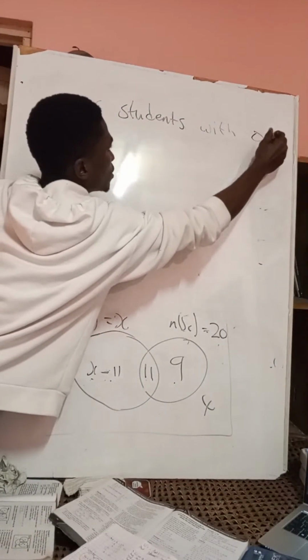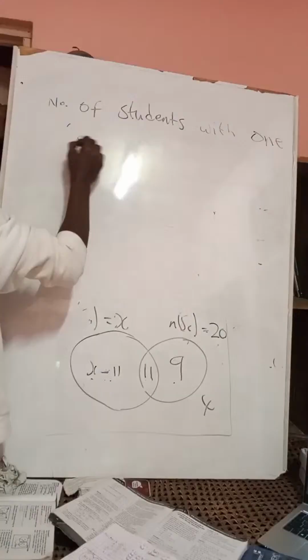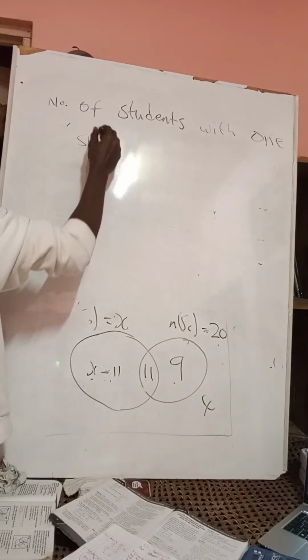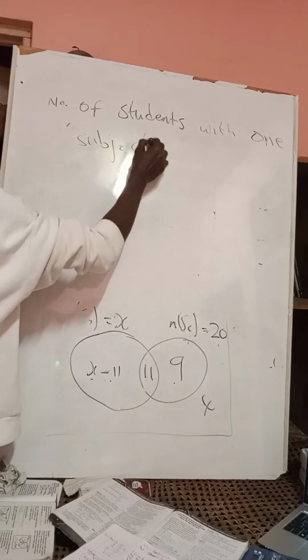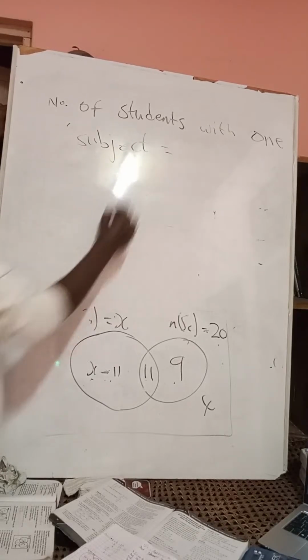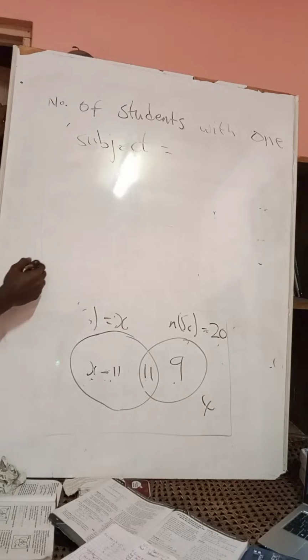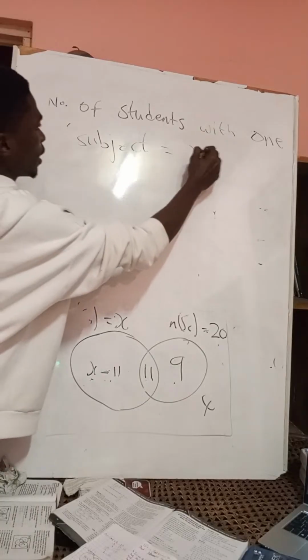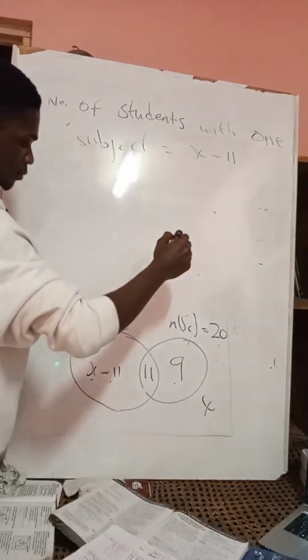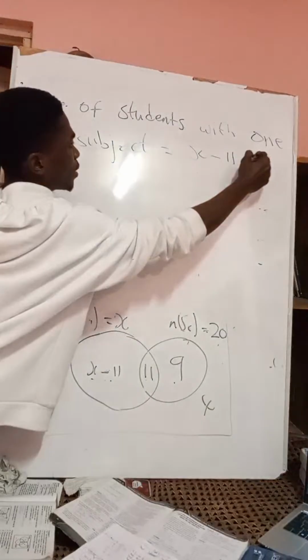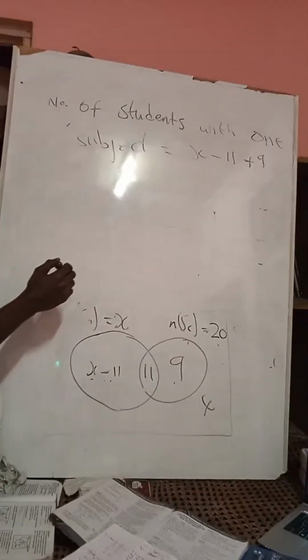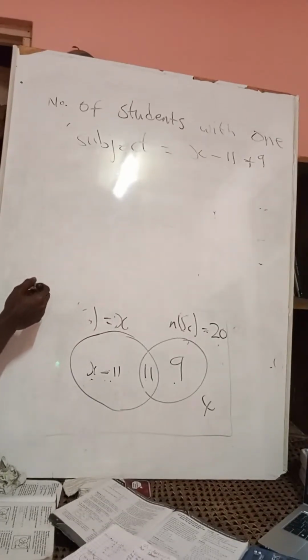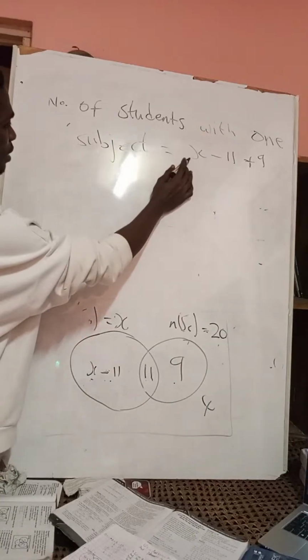With one subject, this one is going to be x minus 11 plus 9. Have you seen? What is x now?